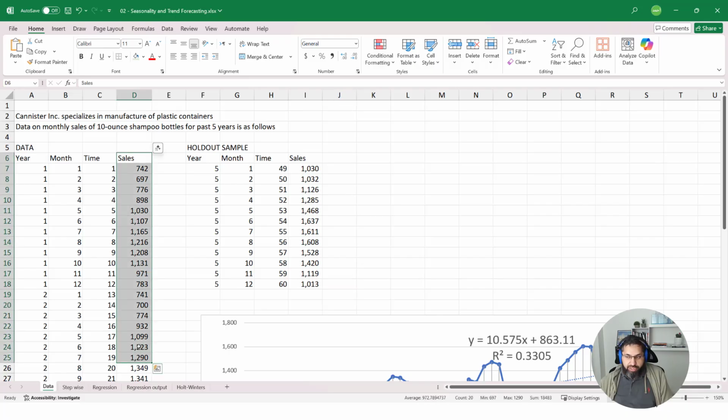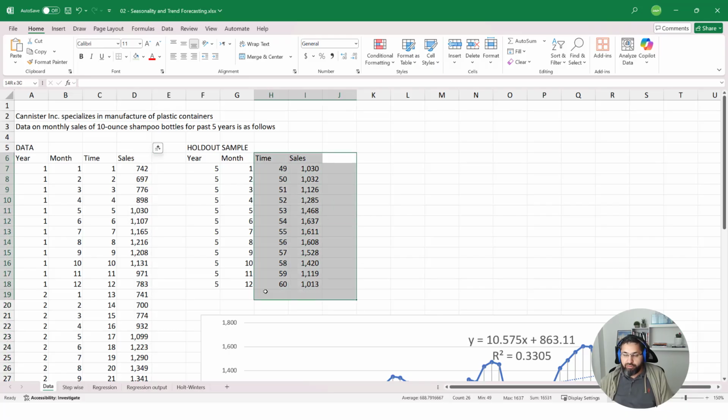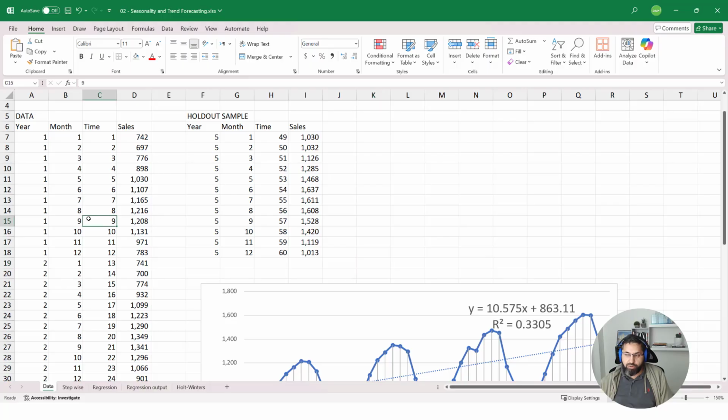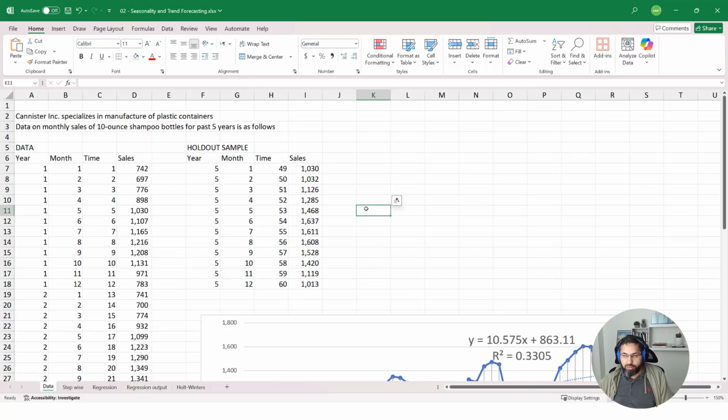If you overfit the data, your MAD and MSE will be pretty bad in the holdout sample, and there'll be a big difference between MAD here and MAD on the training data. But if your MAD and MSE values are close, not much worse on the holdout sample, then that means you've not overfit the data. So that's why we use a holdout sample.